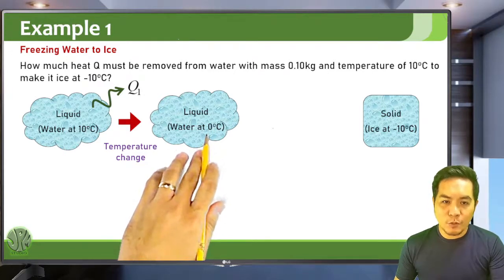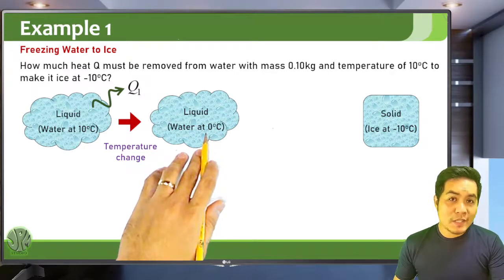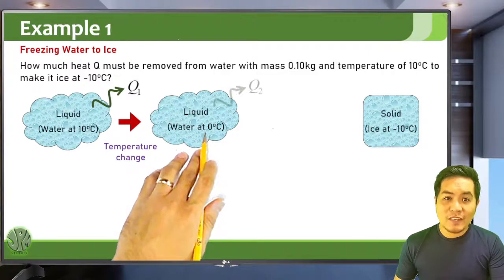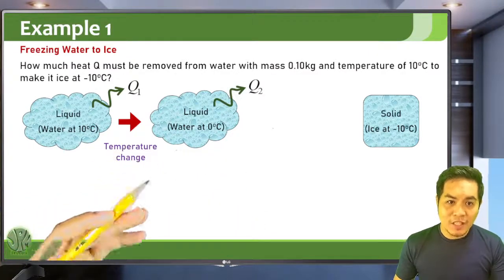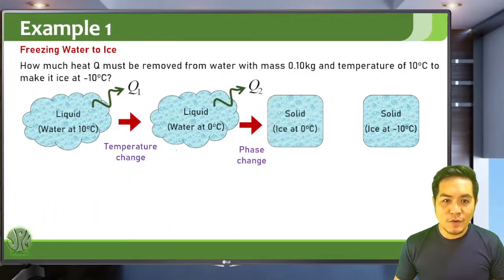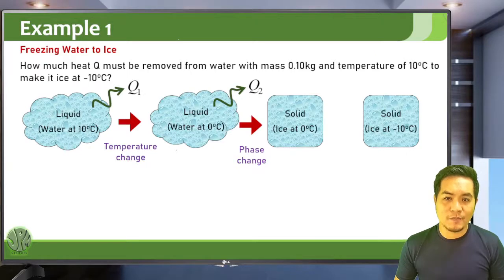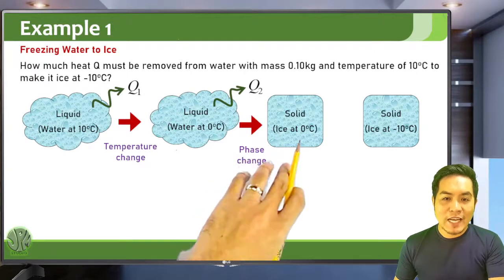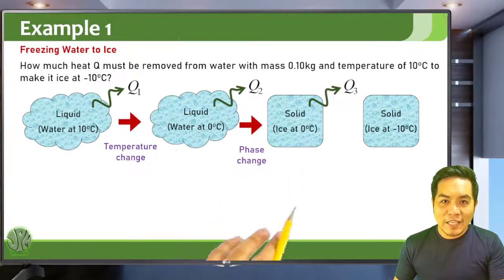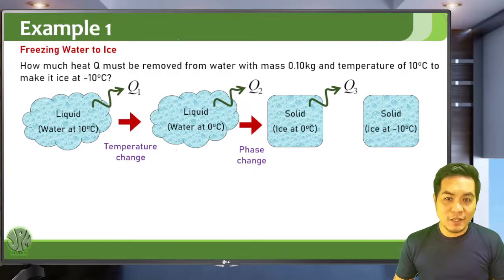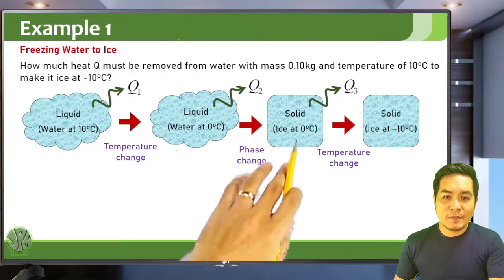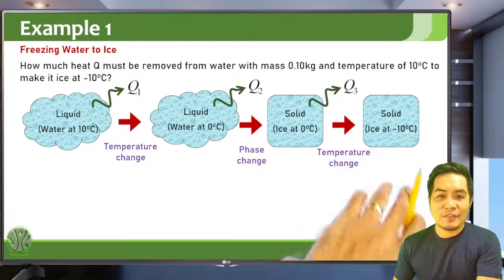From this point, the liquid water at 0 degrees Celsius will further release heat to undergo a phase change from liquid to solid, but again at the same temperature. This is a phase change. And finally, the solid ice at 0 degrees Celsius will again release heat to further undergo a temperature change from 0 degrees Celsius to negative 10 degrees Celsius.